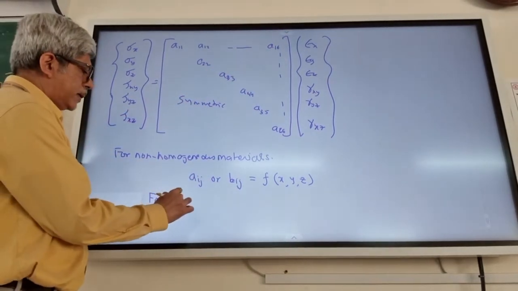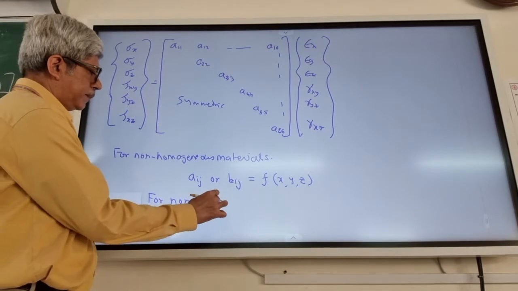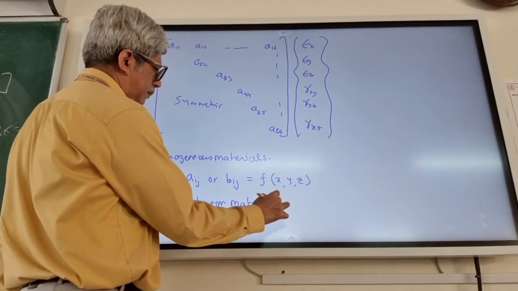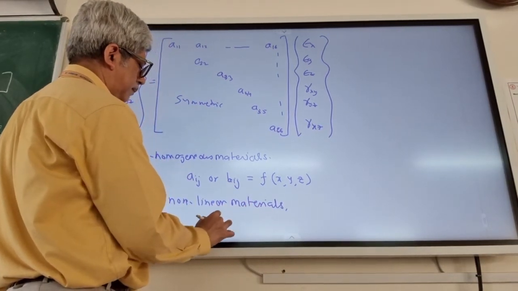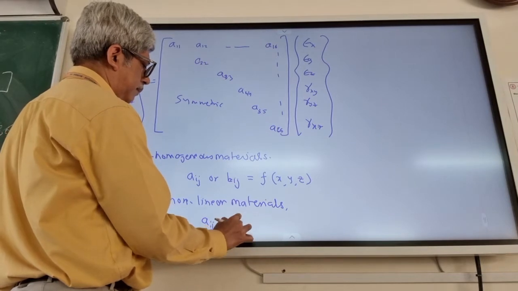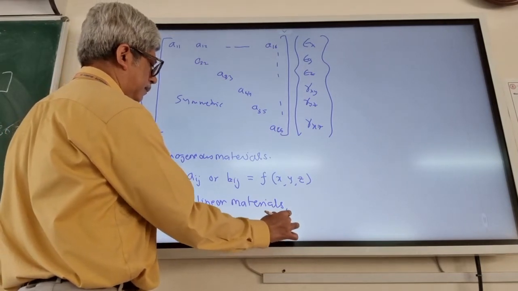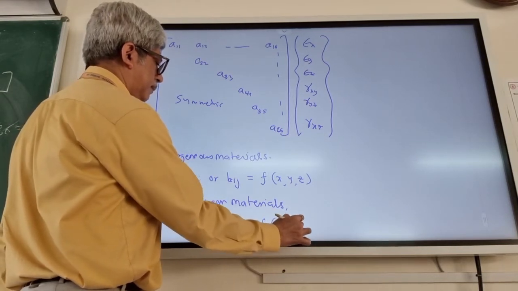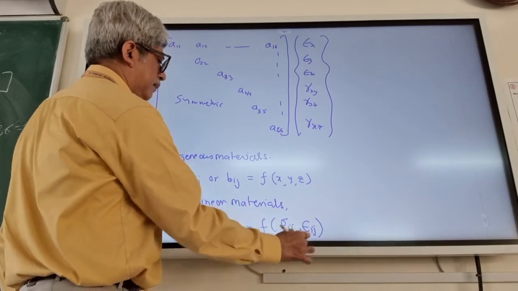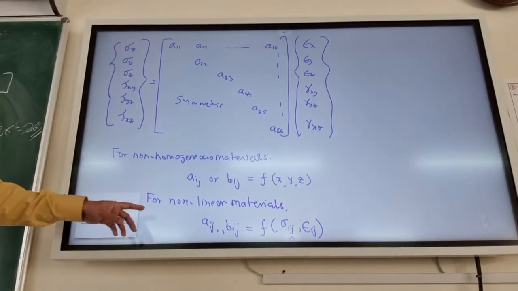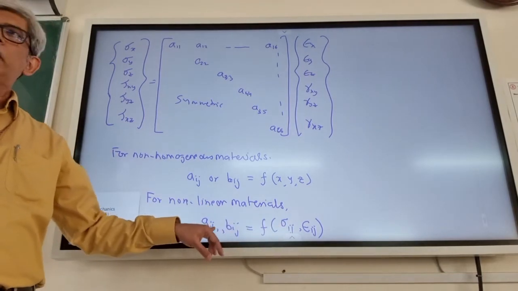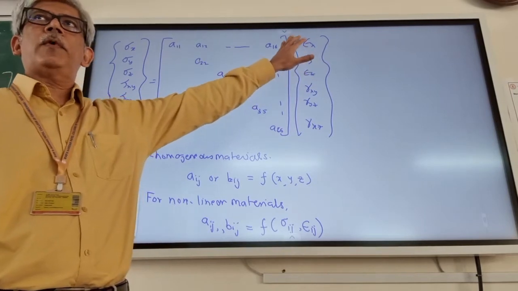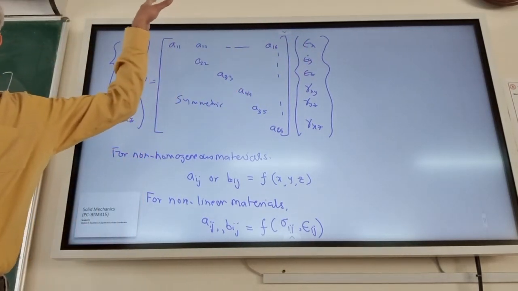But for non-linear materials, these constants will start depending on the values of epsilon x and sigma x at that particular point.